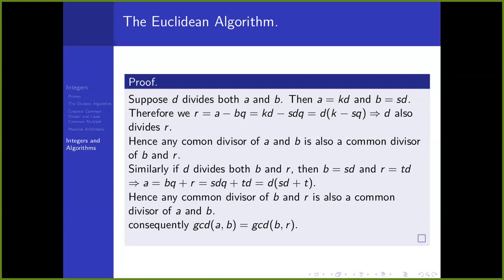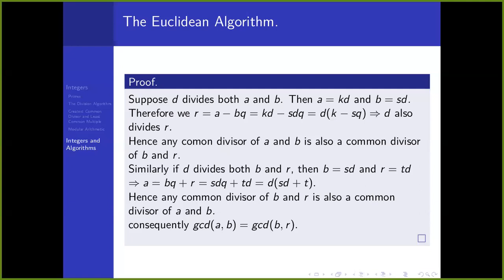So on the other hand, if we take a common divisor of B and R, let's say the common divisor is D, then we can always write B as a multiple of D and R again as a multiple of D. And using our statement again, we have A is equal to BQ plus R, and make the substitutions for B and R as SD and TD.